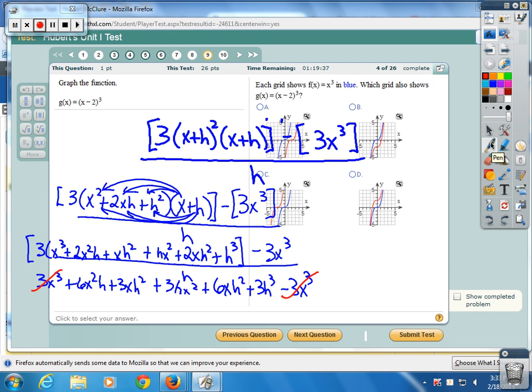Alright, 6x squared h. Do we have another x squared h right there? That's a 9x squared h, right? Yeah. 9x squared h.